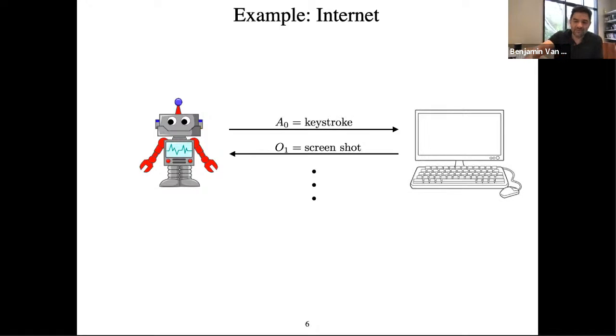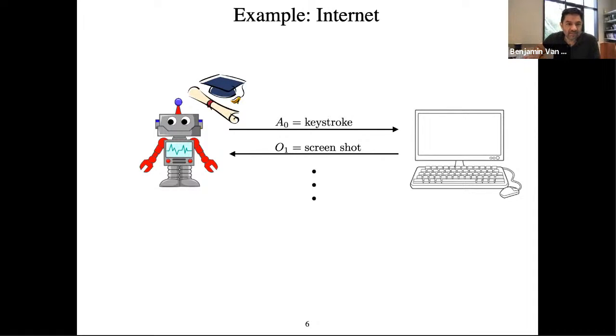Finally, a more complex example of practical import is that you could view the internet as a complex environment. So you might design an agent to interact through a typical computer interface, perhaps learning to accomplish some goal through its interactions, like fact-checking news or appropriately tagging that news, or teaching academic subjects to people.